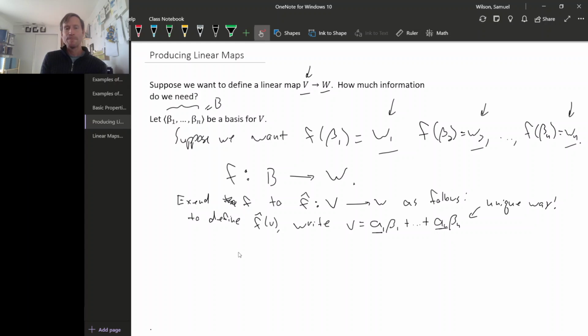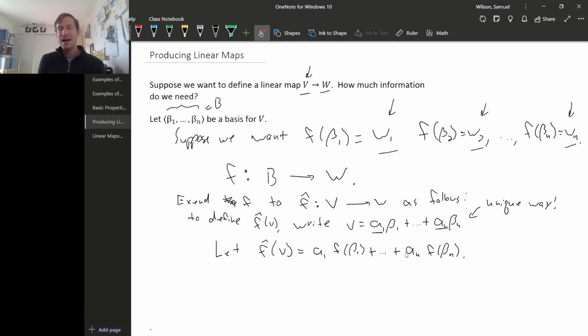All right, so now we can let f hat of v be a1 f of beta 1 plus dot dot dot up to a n f of beta n. Of course, we need to show that this map does preserve structure.